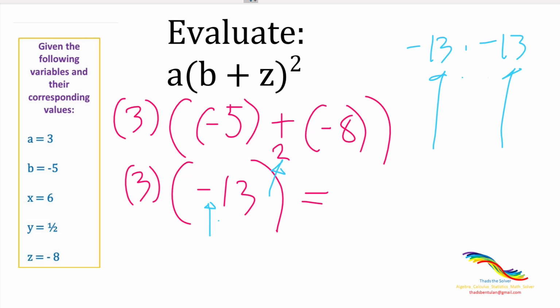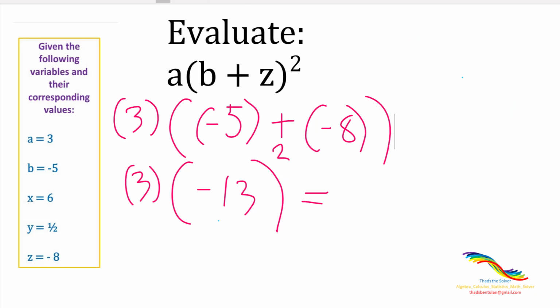Negative times negative is positive. Remember, the product of two numbers with the same sign has a positive sign. So in this case 13 squared, 169, is positive 169.